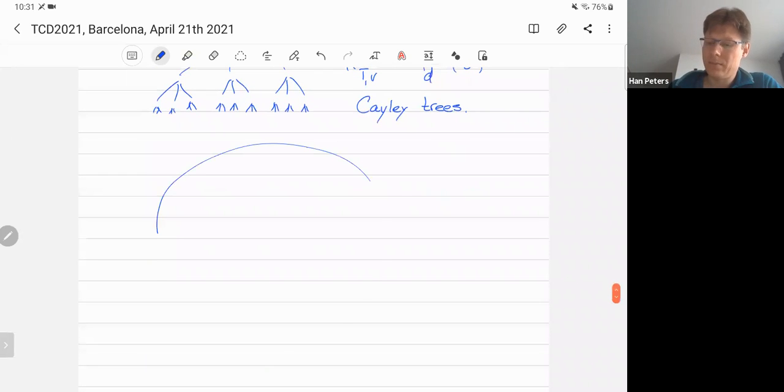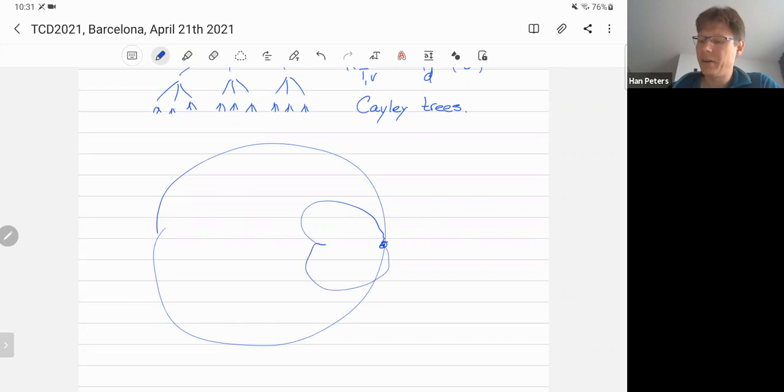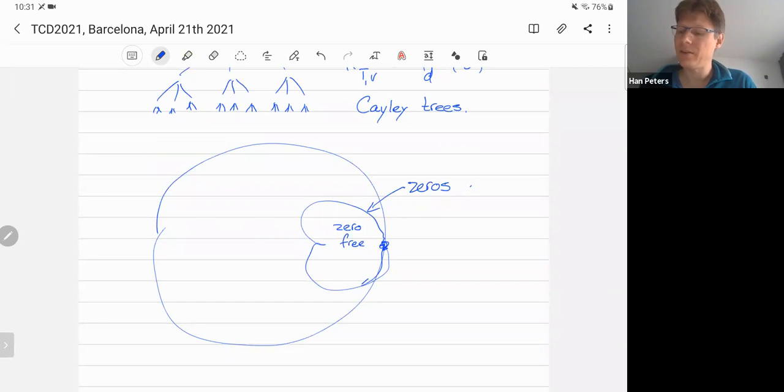And well, so you had some cardioid here, and then you know this region is zero free, but zeros accumulate on the boundary. This is zero free for the cardioid.